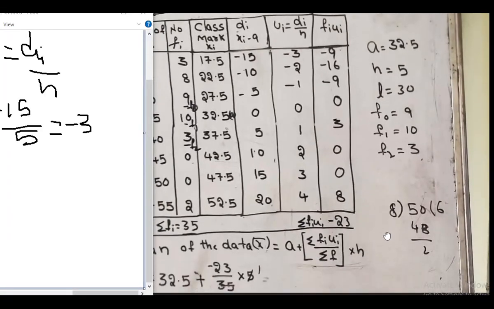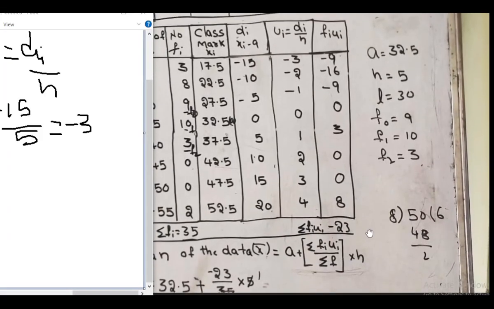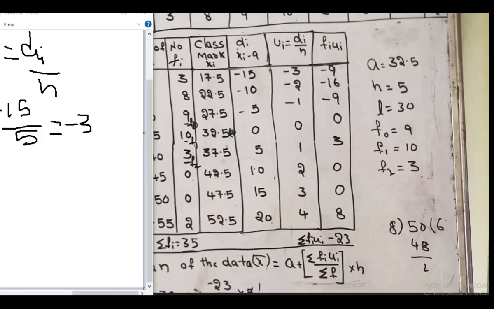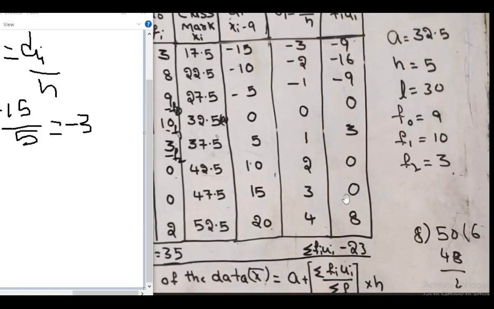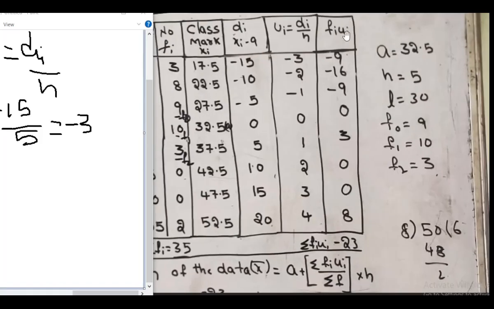These are the fi ui values. As the solution requires the sum of fi ui, we add all the values. That formula is sigma fi ui. If we add all these, we get the sum as minus 23.